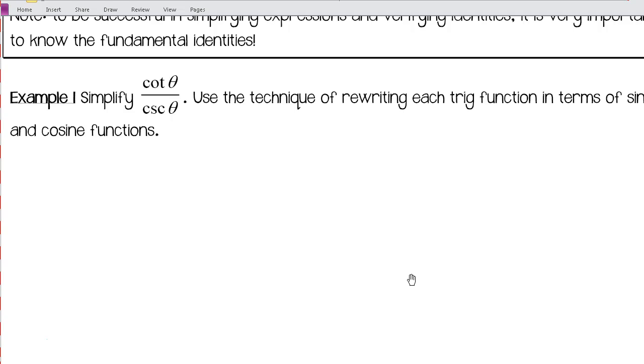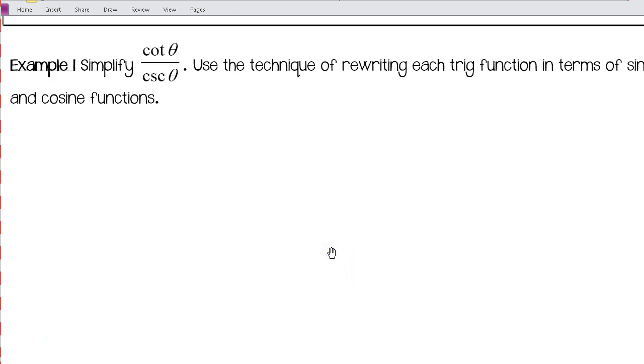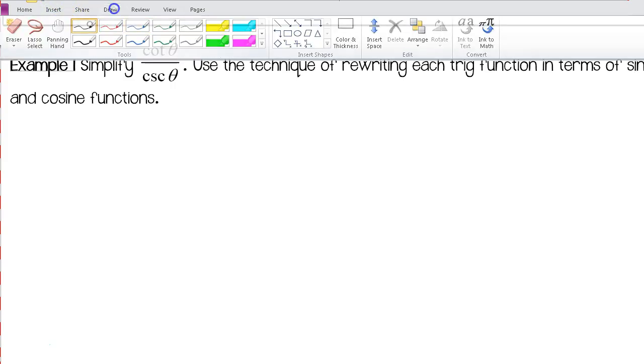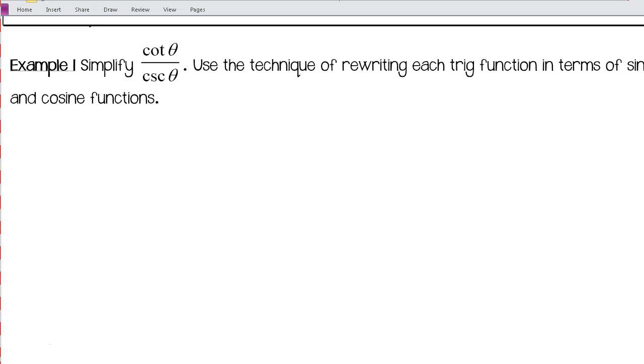So one of the things that we're going to do, a lot of times it'll say simplify, and in this problem I'm giving you a hint. Use the technique of rewriting each trig function in terms of sine and cosine functions. So this is a very useful technique that you'll use all the time.